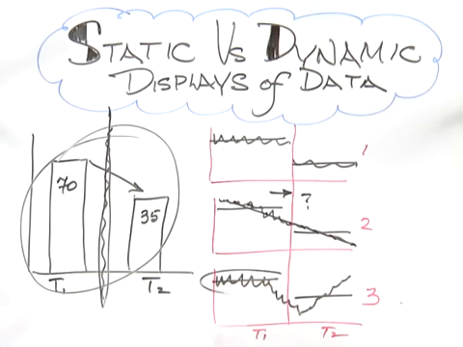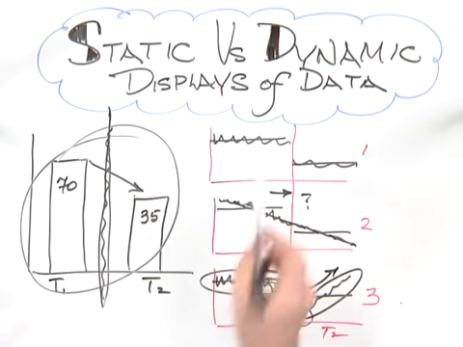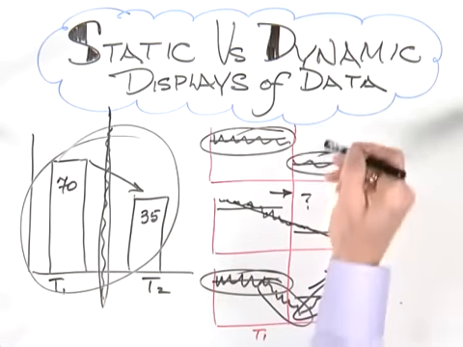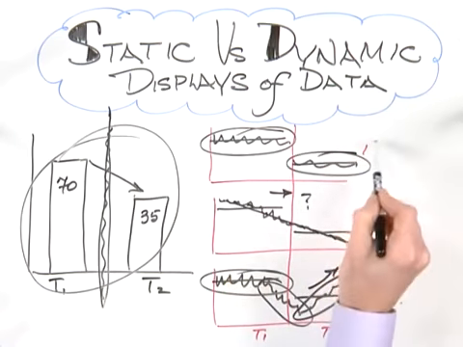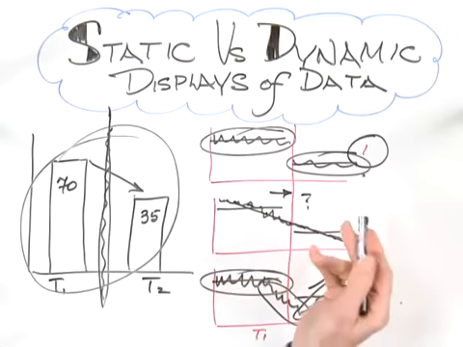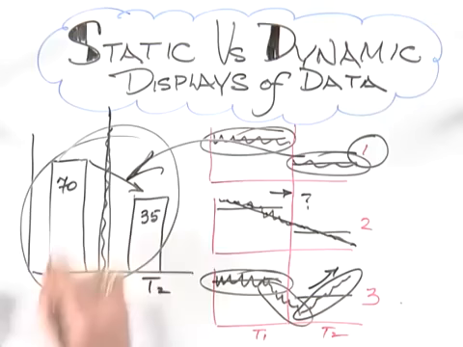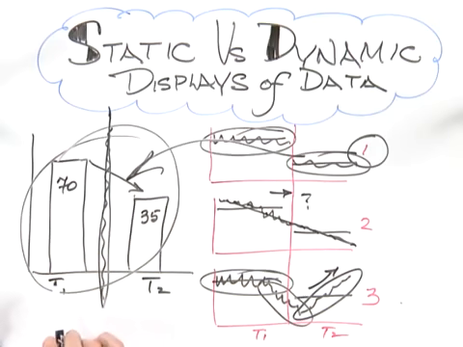This unit was up here. It did go downward, but now what's it doing? It's heading in the wrong direction. Unit 1 was here. It shifted and went here after the intervention. It is Unit 1 that is the only unit that actually can be characterized by static displays of data.